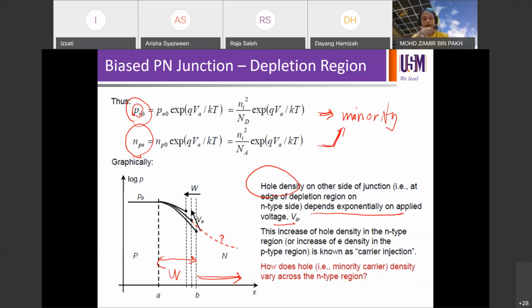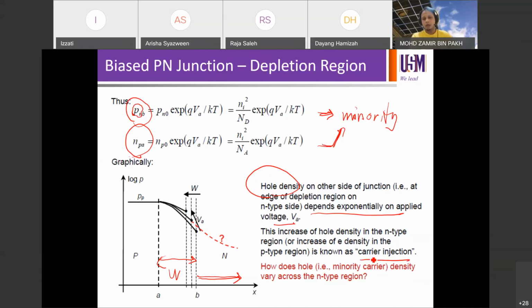PNB is my concentration of holes in n-type at point B, and NPA is the concentration of electrons in p-type at point A, at the edges of the depletion region. This increase of hole density in n-type or electron density in p-type is known as carrier injection.